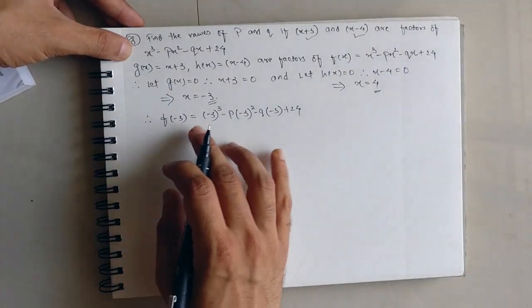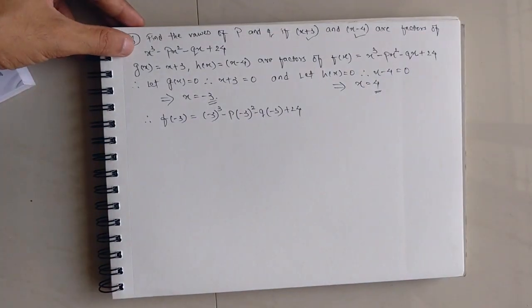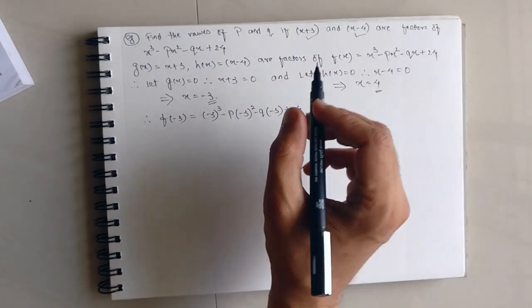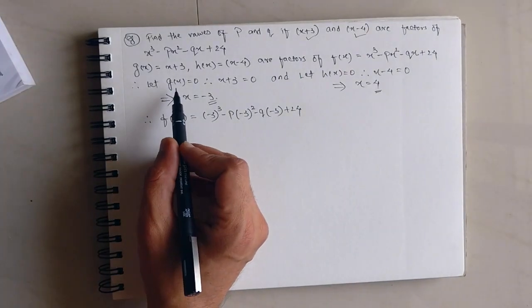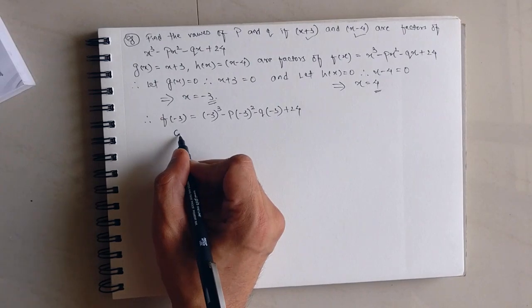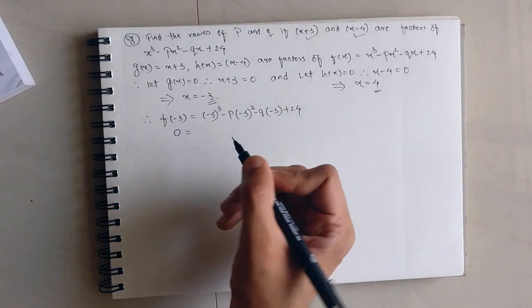Now we put the value of minus 3 in the full complete equation of f of x, and we know that g of x is a factor of f of x. That means the remainder, we know already, will be 0.